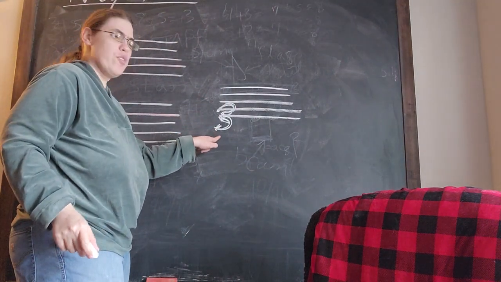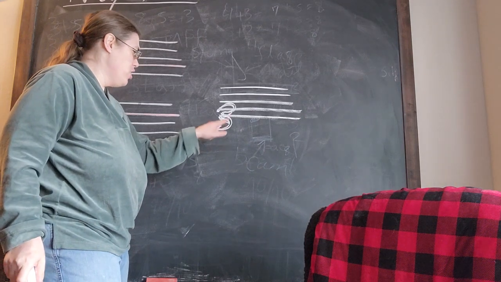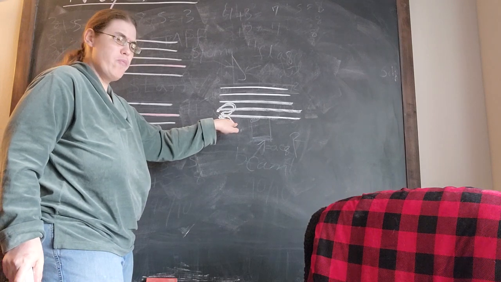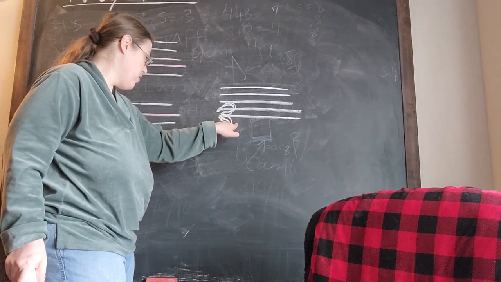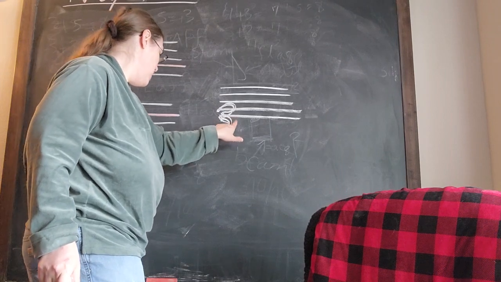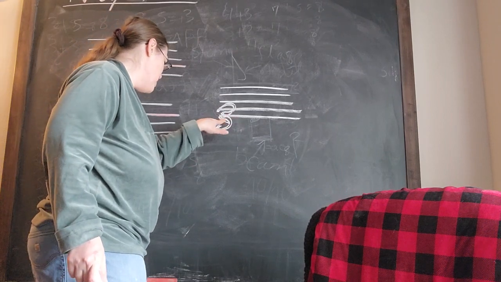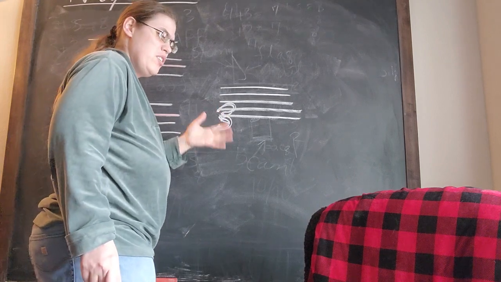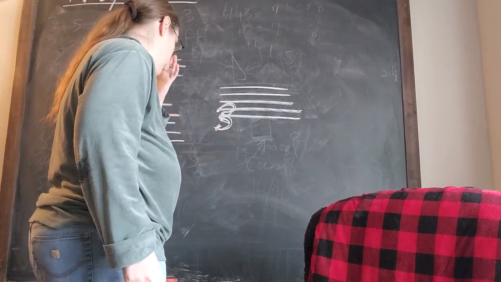If you do not know how to read this clef, you will not be able to read some of Bach's original music, because he used these in his choir music. Basically, this little middle point here denotes where the pitch do is, or C.